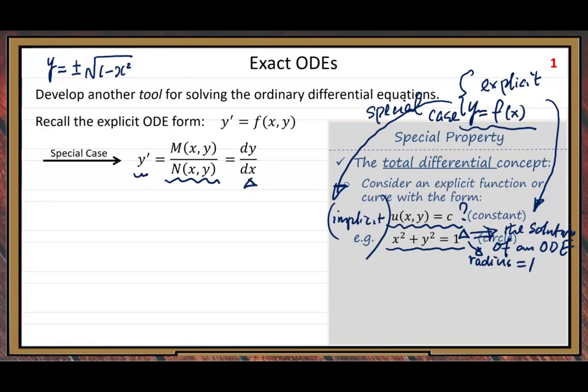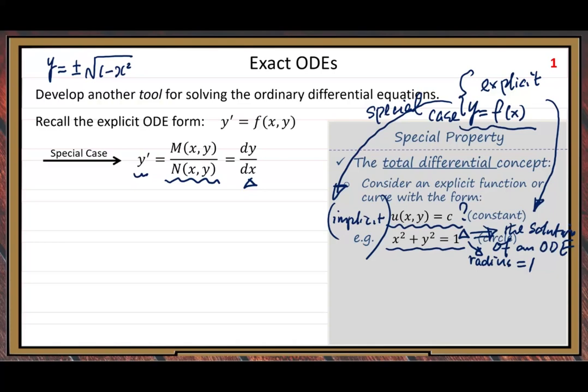The positive half circle and the negative half circle. You have two half circles.